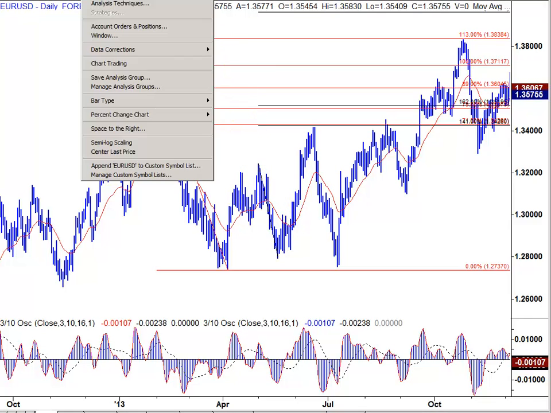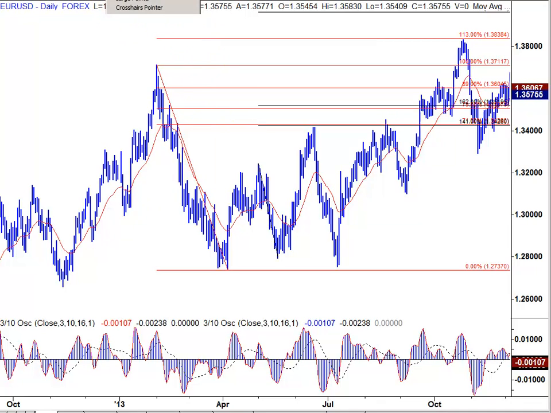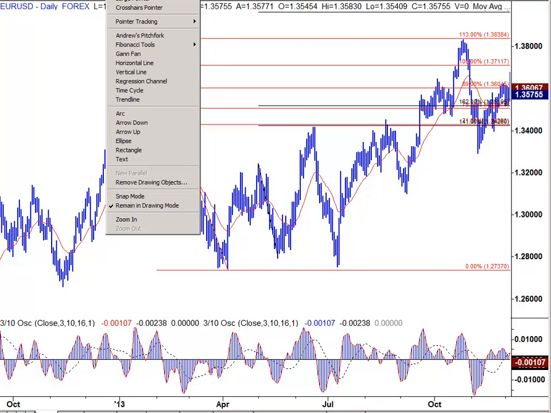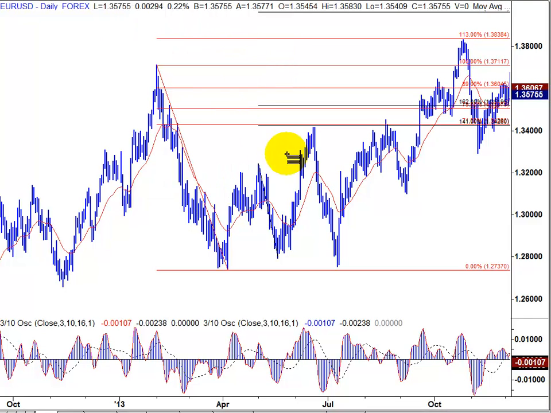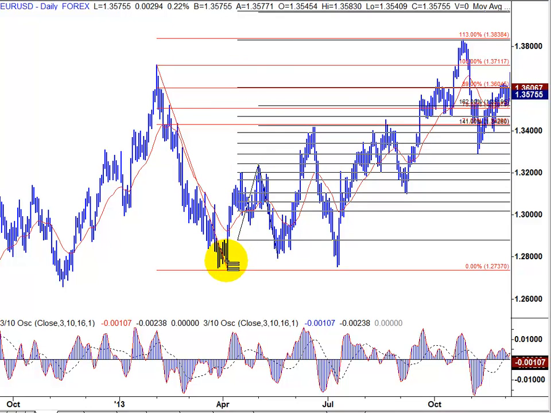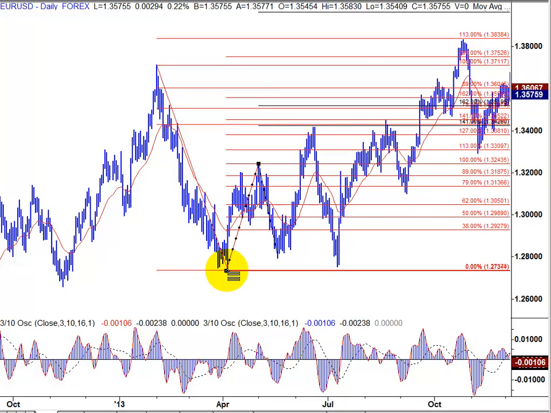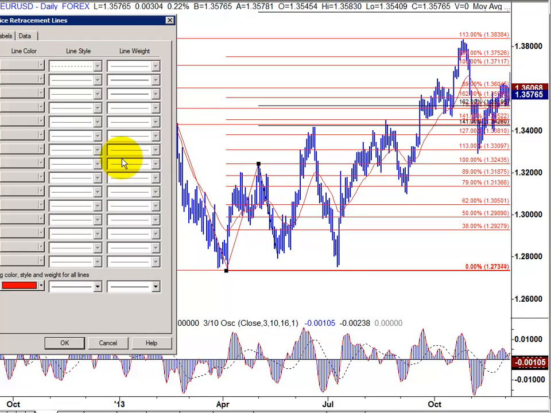All right, so then we want to draw in your A to B. Now, a lot of people actually draw the A to B with the extension up, and that's okay too. Sometimes I do it, sometimes I don't. But let's just draw it in for grins, and we'll see how that starts to look.